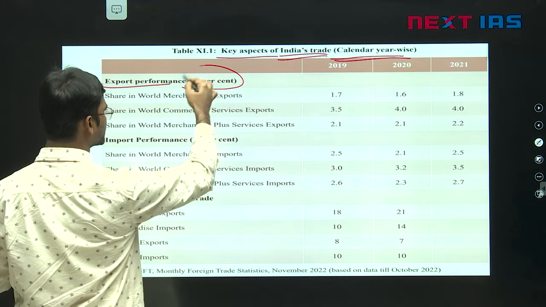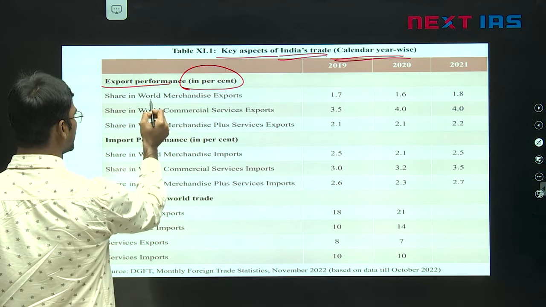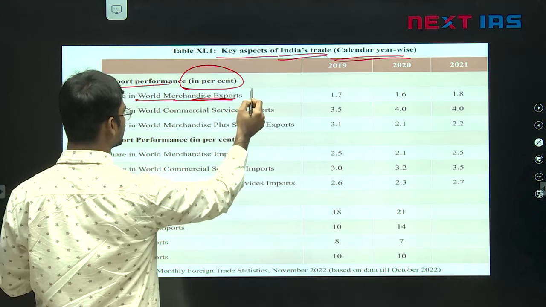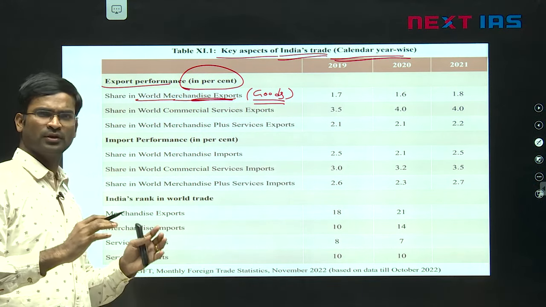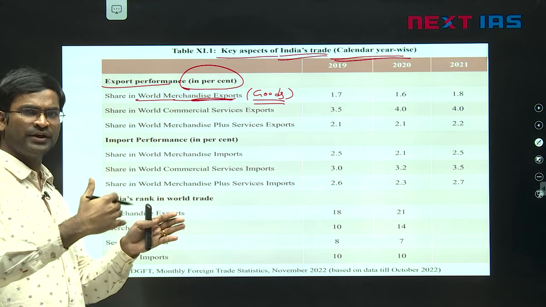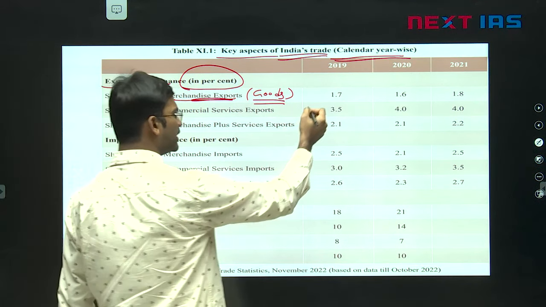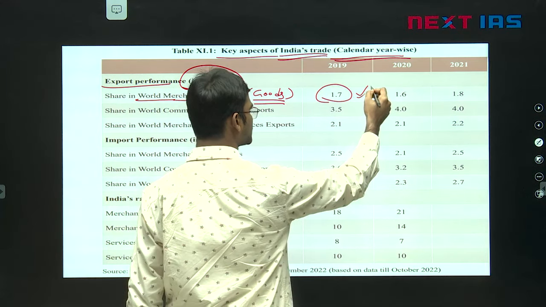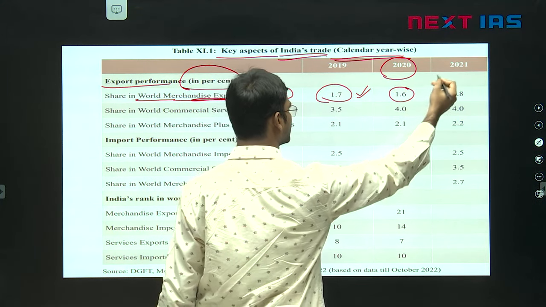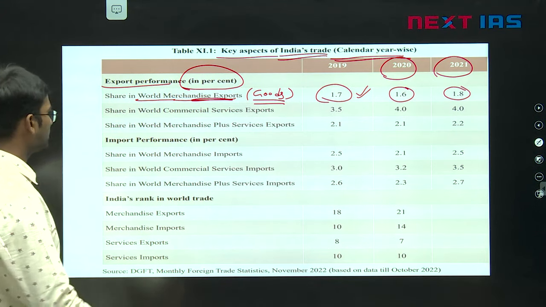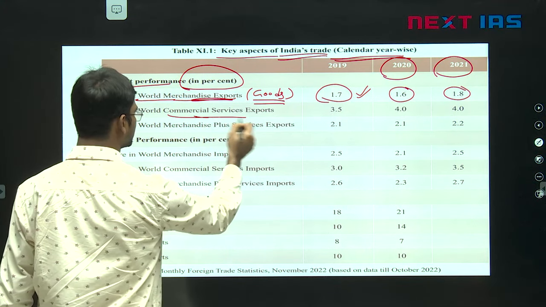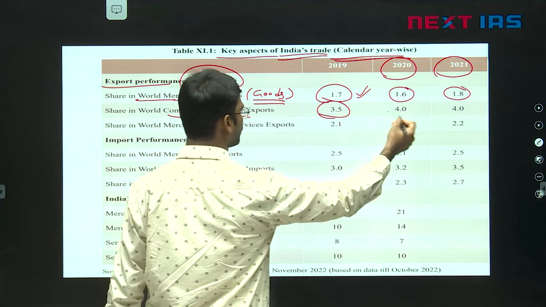Okay, so they are asking us about export performance in percentage. Share in world merchandise exports, meaning goods. In the global exports, what is India's share? 2019 1.7%, 2020 1.6, 21 1.8. Now look at services. 3.5, 4, 4.